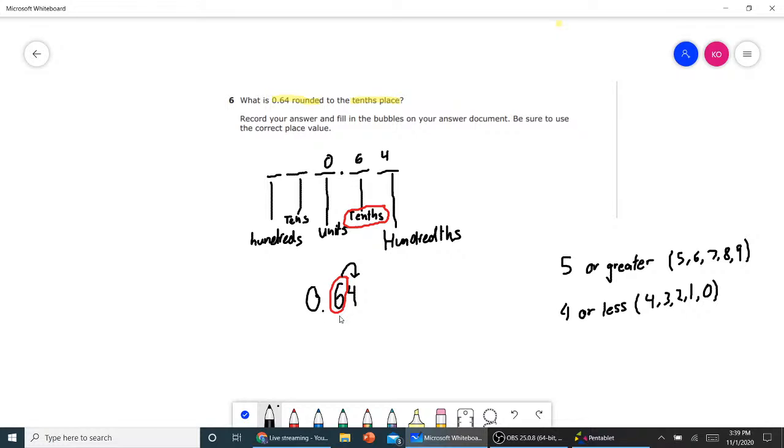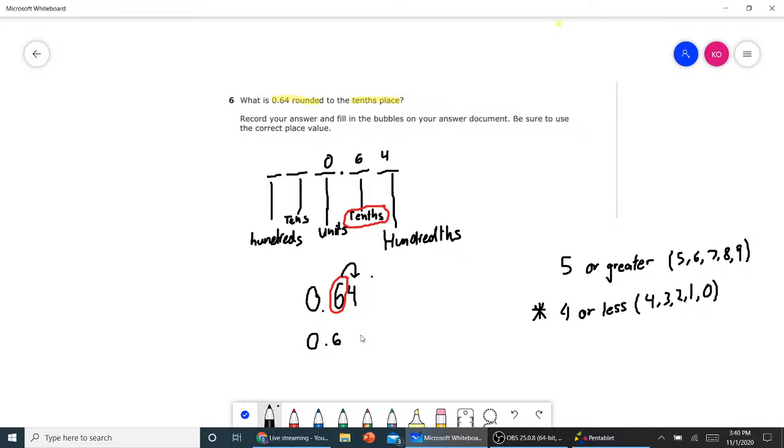From what we see, this hundredths number is a 4, and it fits in this category. So that means that this would round down to 0.6.